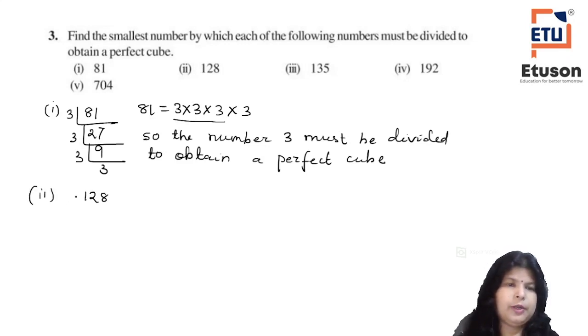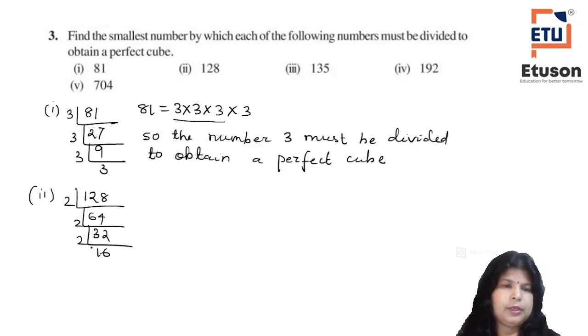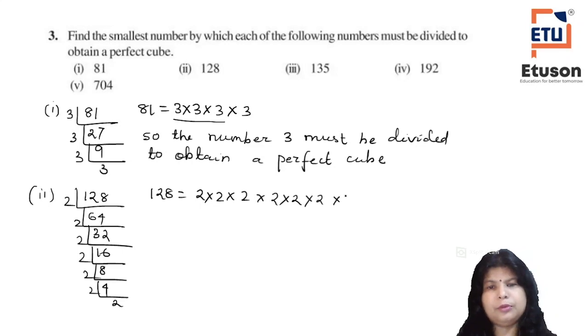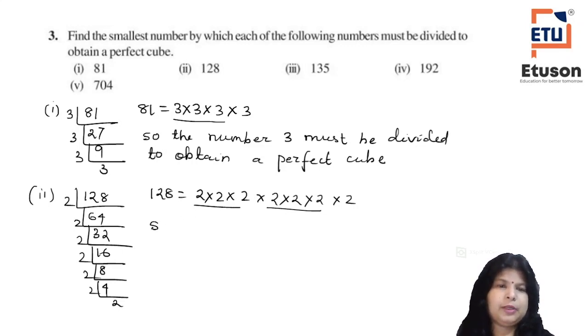Again, you have to find out the prime factors of 128. Right? So, what you are getting is, 128 is equal to 2 into 2 into 2 into 2 into 2 into 2 into 2. So what is extra here? You have extra 2. So that has to be divided to obtain a perfect cube.